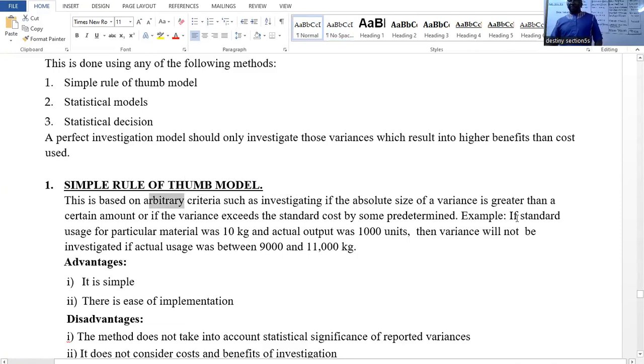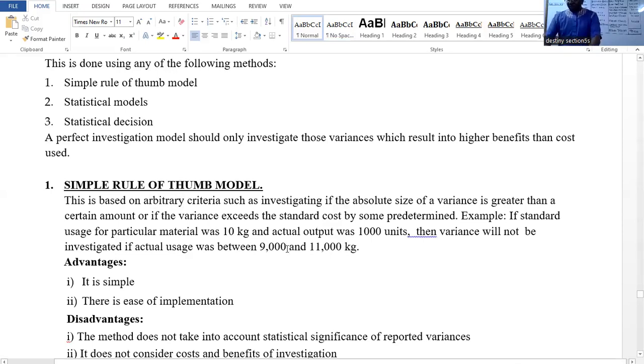And you are given an example here: if the standard usage for a particular material is 10 kg and the actual output was 1,000 units, then the variance will not be investigated if the actual usage was between 9,000 and 11,000 kgs.